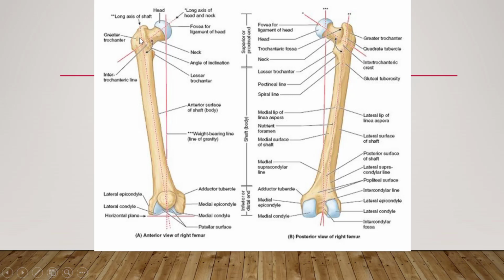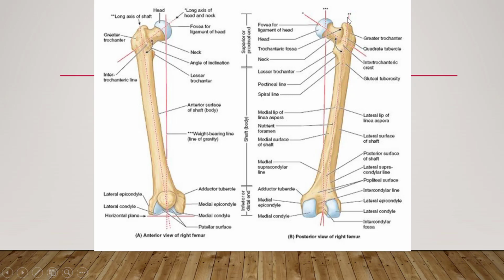The line between the greater and lesser trochanter on the anterior surface is called the intertrochanteric line. This intertrochanteric line is continuous on the posterior surface with the spiral line or the pectineal line. In some books they are the same, but the spiral line is somewhat below, and the pectineal line is closer to the lesser trochanter.